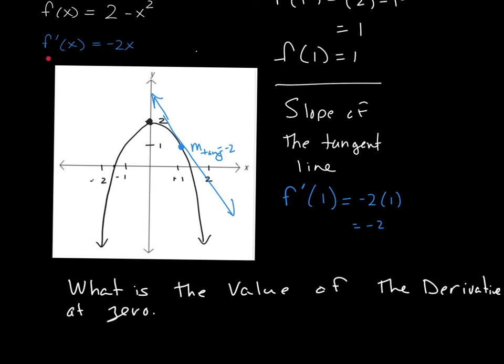But the value of the derivative at 0 is negative 2 times 0, or 0. And this is the slope of the tangent line here. Again, this tangent at this point has a slope of 0.